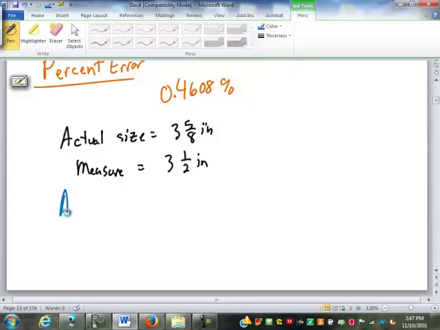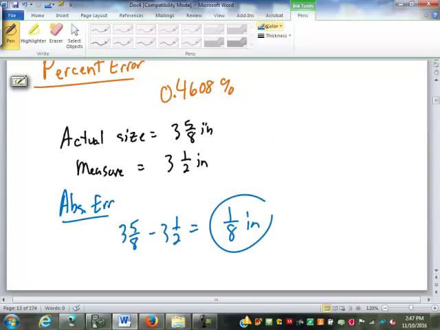What is my absolute error here? Yeah, the 1/8 of an inch. I'm going to take my 3 5/8 minus my 3 1/2. Get a 1/8 inch absolute error.